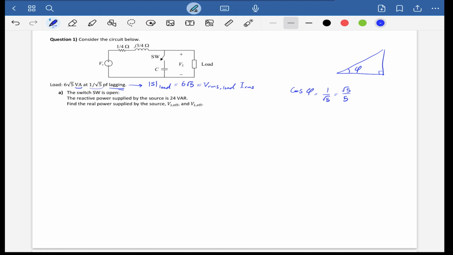Okay, so this is our power triangle, and this side is radical 5, this side is 5. Okay, their ratio. But the apparent power is the hypotenuse, so it is 6 radical 5. So we got from 5 to this. So what do we need to do?